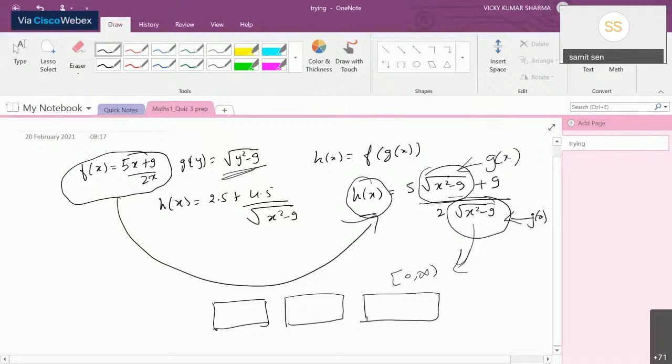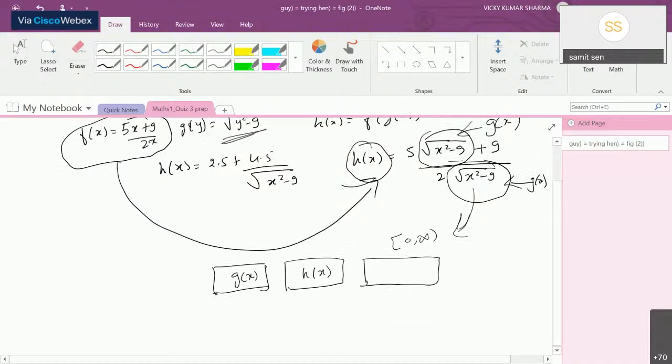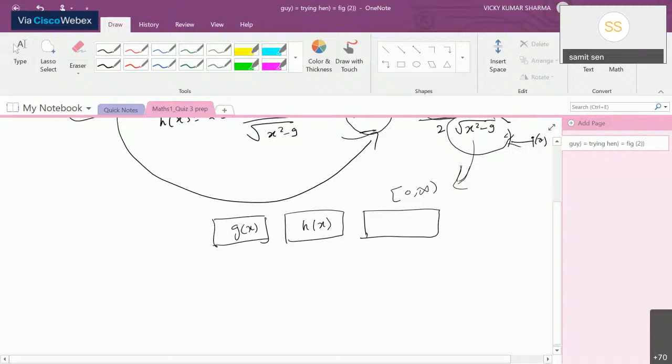Then in the first box, write g of x, in the next box, write h of x. Then before g of x, draw an arrow where the input is coming, which is x.